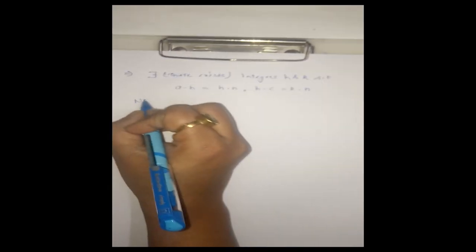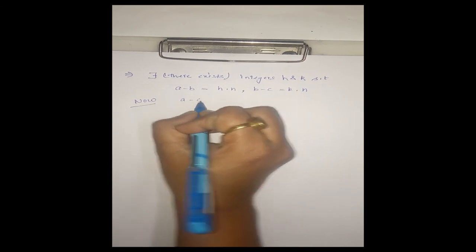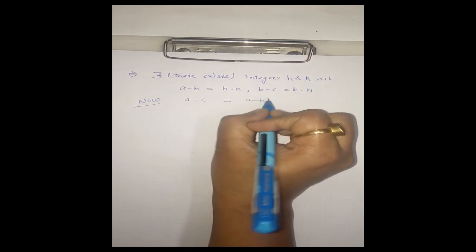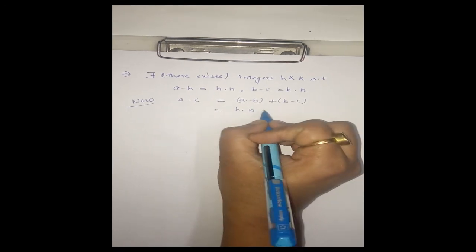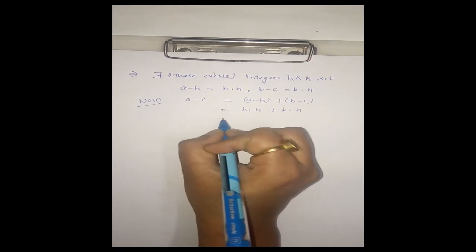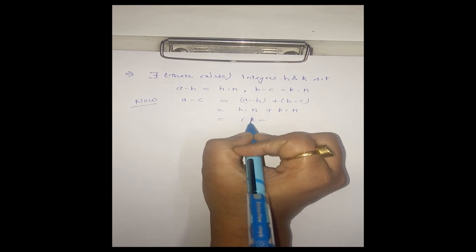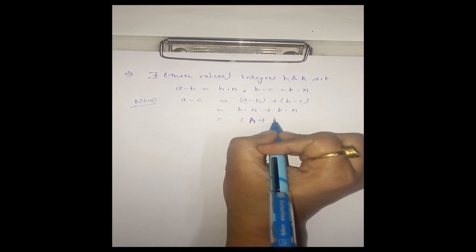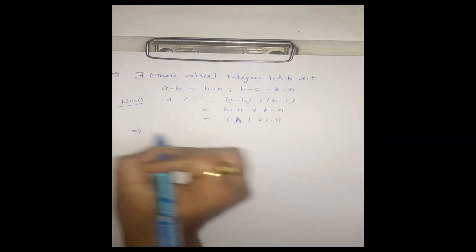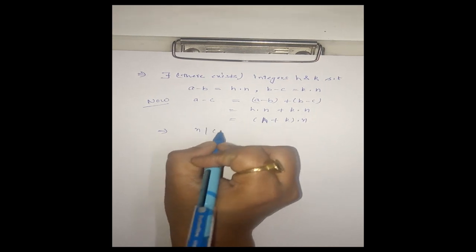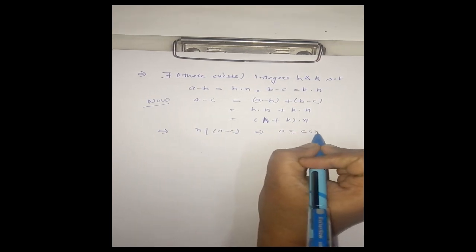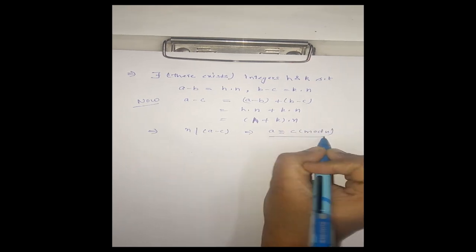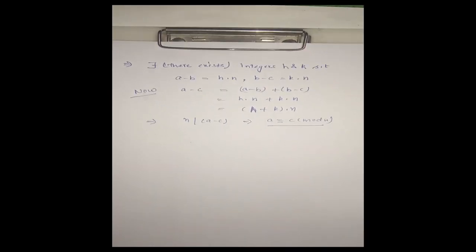Now a minus c is equal to a minus b plus b minus c, that is h into n plus k into n, that is h plus k into n, and this will imply n divides a minus c, and this implies a is congruent to c modulo n. Clear? This is the transitive property.